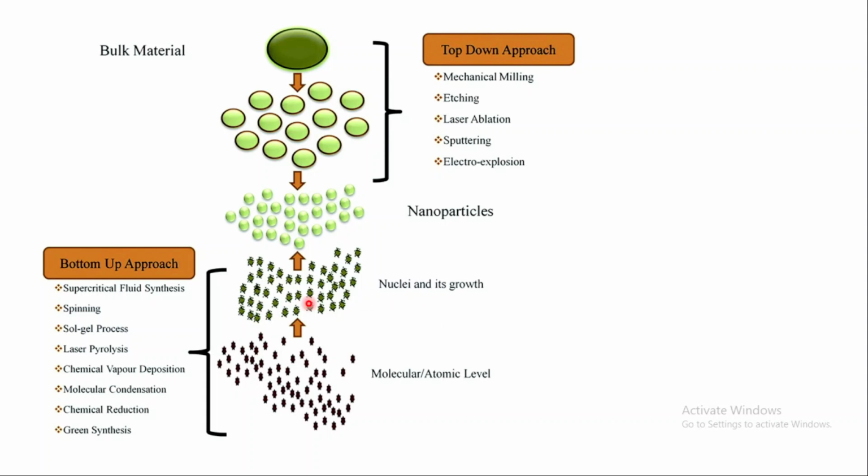So nucleation and its growth. So here we see there is our answer. Sol gel process is a bottom up approach, which you were all correct. There are other bottom up approaches: chemical vapor deposition, laser pyrolysis, green synthesis, right?